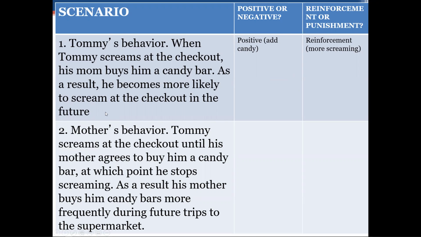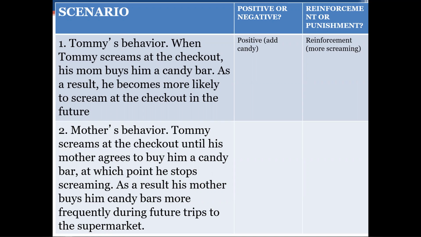In contrast, what is happening with the mother's behavior? How is the mother's behavior changing? Tommy screams at the checkout until the mother agrees to buy him a candy bar, at which point he stops screaming. As a result, his mother buys him candy bars more frequently during future trips to the supermarket because this gives the mother some peace and quiet.